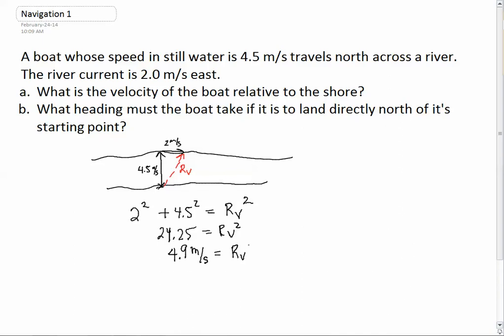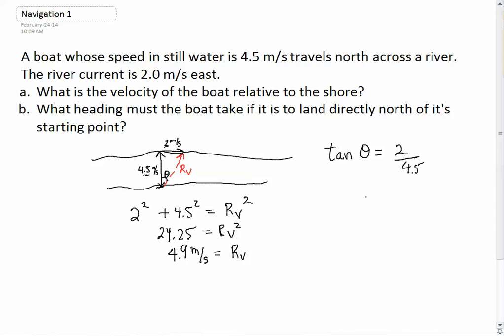Now, that's the magnitude. Remember, we always have to calculate our direction. And so we're going to determine that angle. We've got the opposite side of 2 meters, the adjacent side of 4.5. So we use the tangent trig ratio. To find our theta, we're going to take 2 over 4.5.